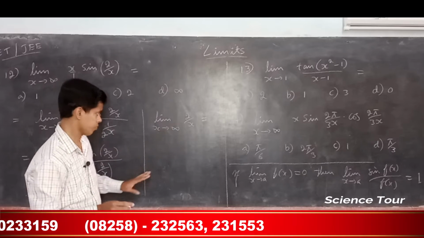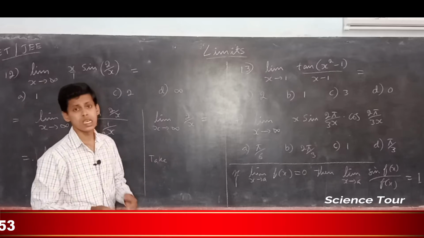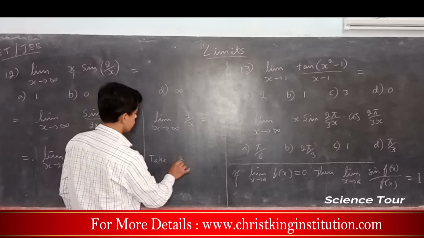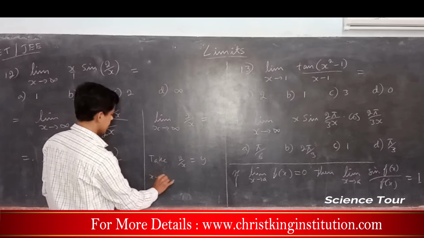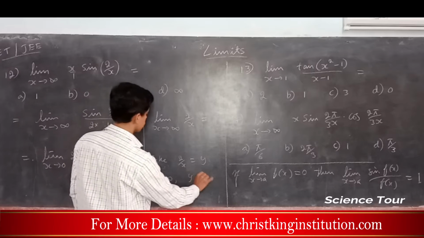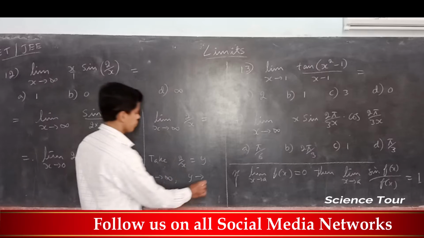If you do not understand this, I will explain it using the substitution method. I will take 2 by x is equal to y. Now, as x becomes infinity, what happens to y? As x becomes infinity, 2 by infinity is 0, correct?